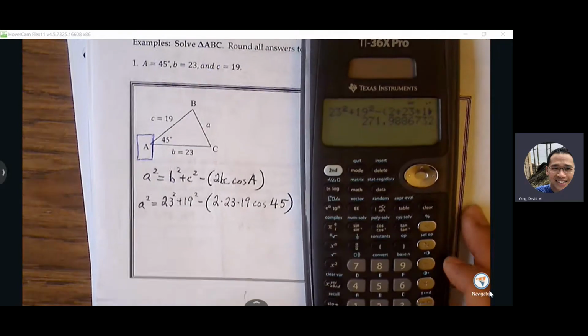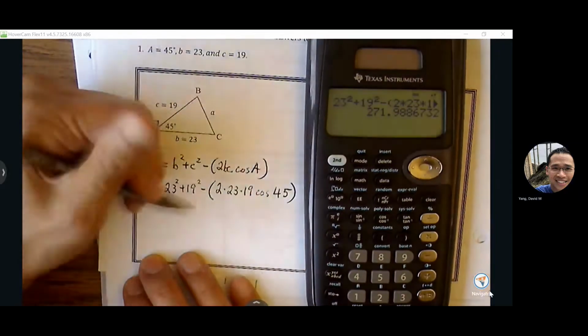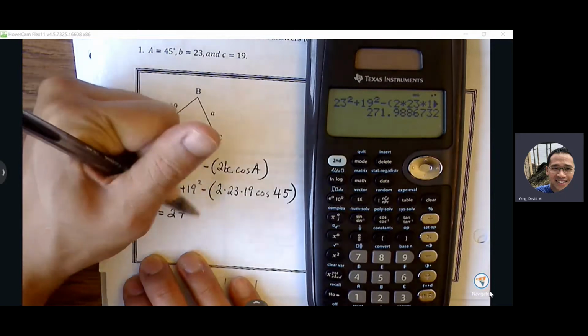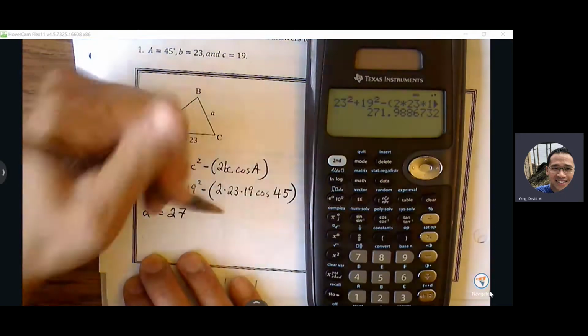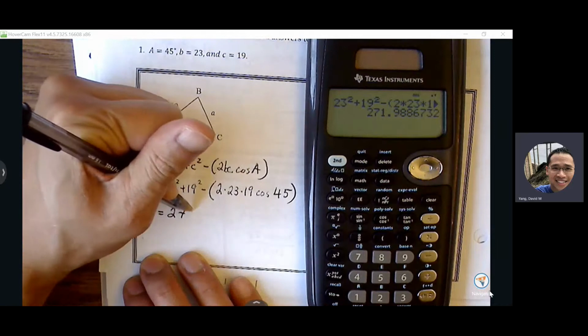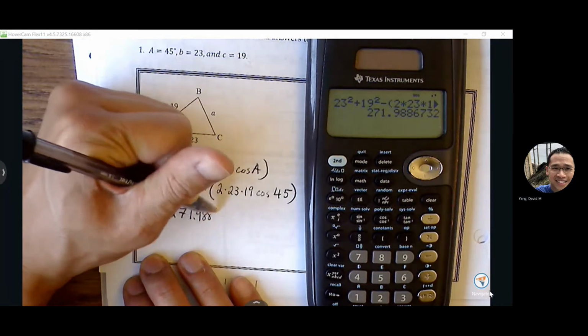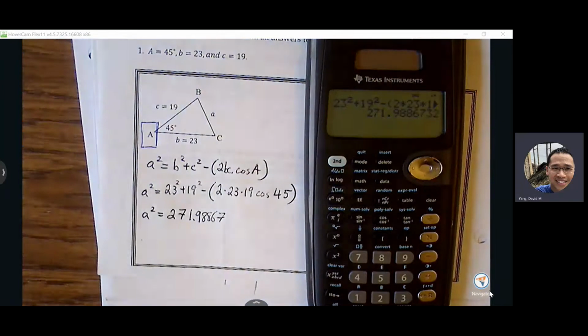Okay, is that our final answer? We still have to do what? Square root, good. We have to find the true a value. Right now we're still sitting at a squared. All right, take the square root.